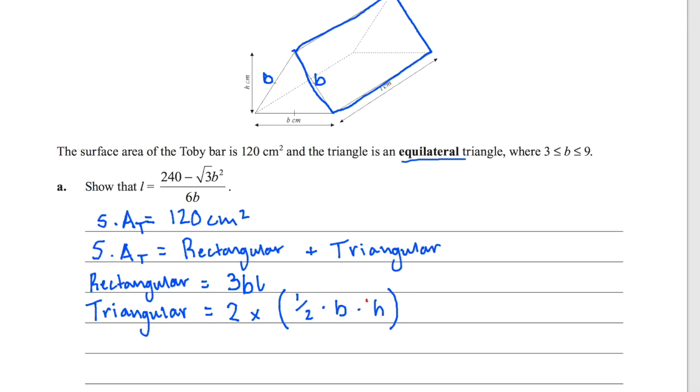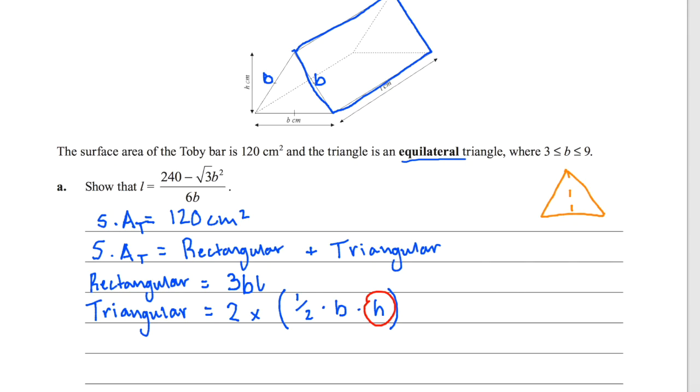The issue is that we have an h here. You can hopefully see that's an issue because the relationship that we need to show is a relationship between L and B. There's no h involved. So we need to get this h in terms of L or B. Now, the most straightforward way to do it is to draw a little diagram to the side of our triangle.